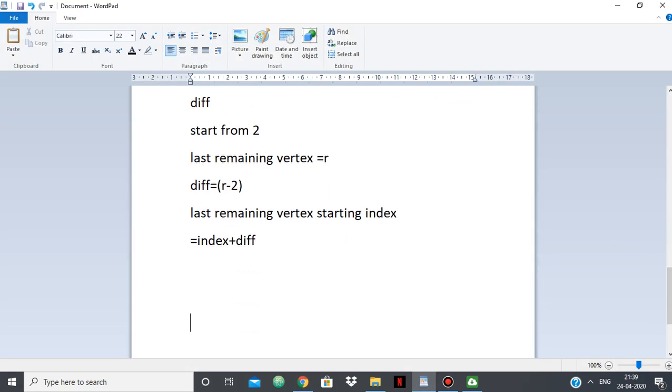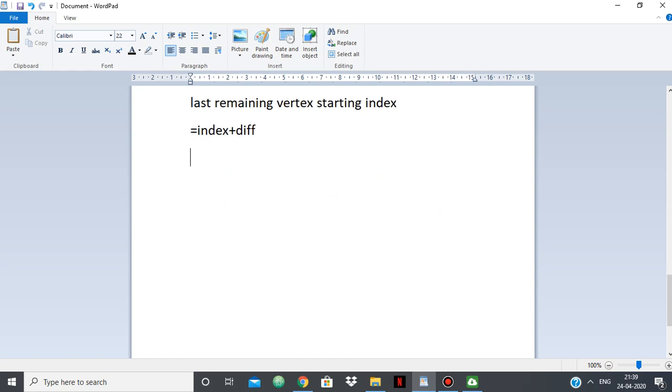So for even, basically for n, find the last power of 2. Example, say n is equal to 12. So the last power of 2 before this is 8.